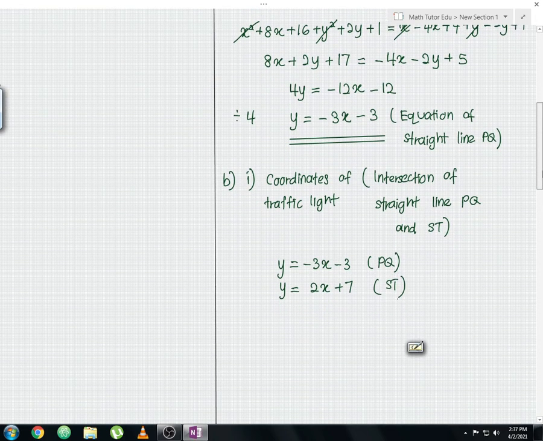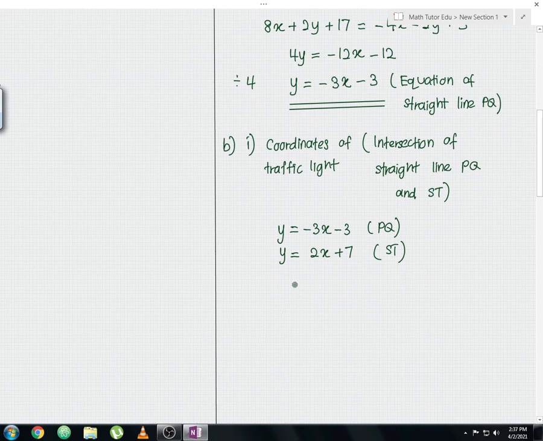So from here, y plus 3x equals negative 3, and y minus 2x equals 7. So this will be your first equation and this will be your second equation. If I were you, I would choose to eliminate the variable y first, as it is easy for us to solve.